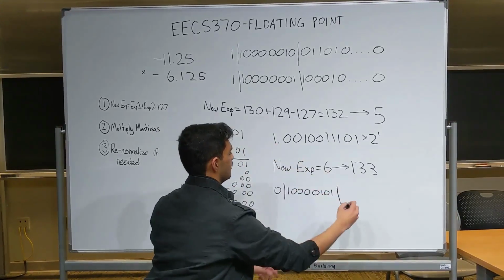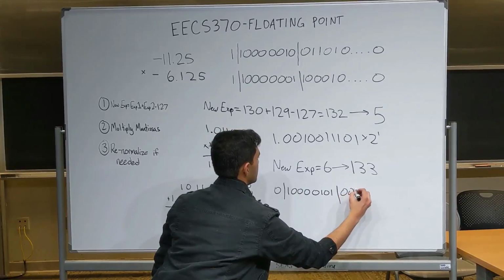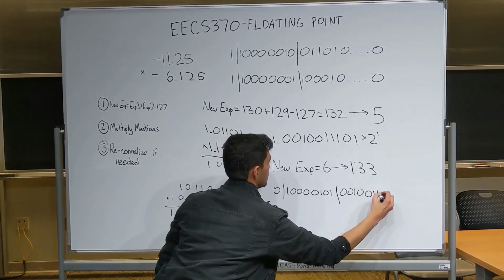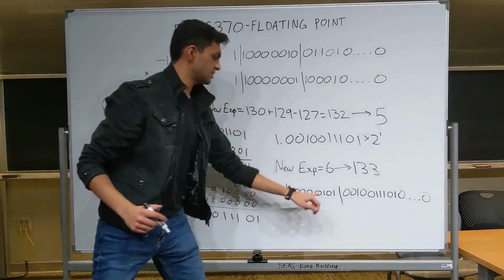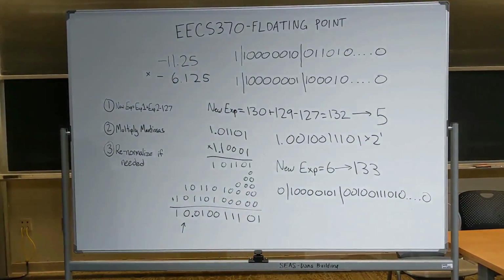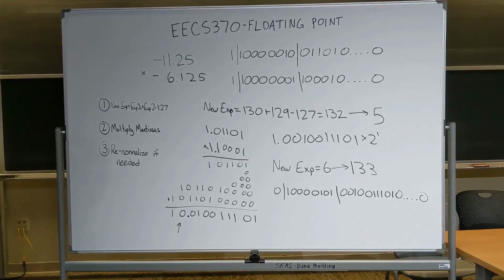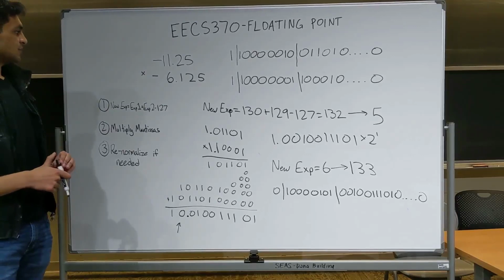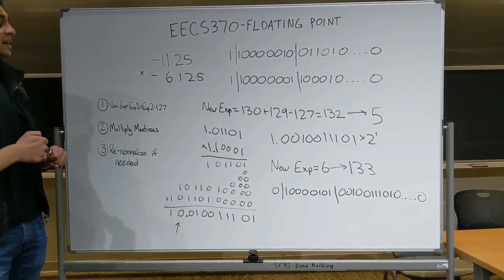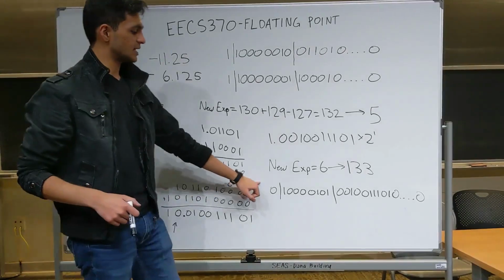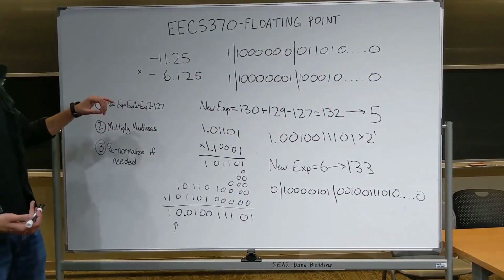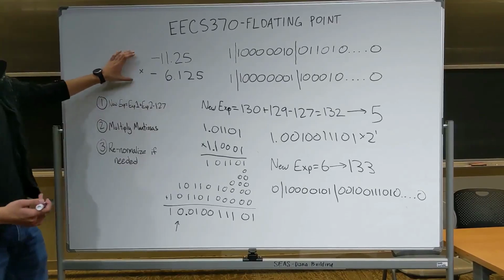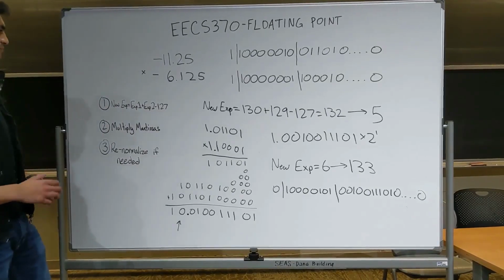We move that down into the mantissa section and fill out the rest with zeros. Now this is the actual 32-bit binary sequence that results from multiplying negative 11.25 with negative 6.125. And again, you can try to convert this back into decimal and confirm that it lines up with what these two values multiplied together in decimal are.